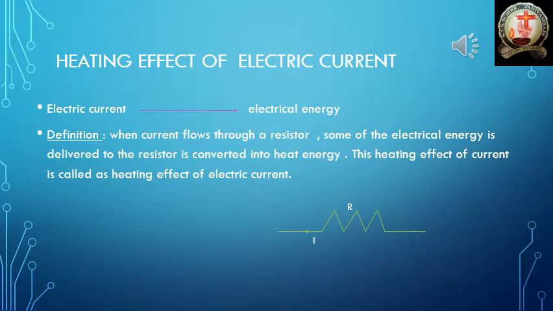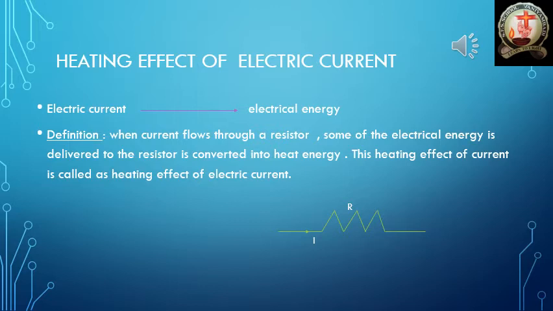Suppose 100 amperes of current is flowing through the resistor, 20 amperes of electrical energy is delivered to the resistor, and the remaining 80% crosses that resistor.